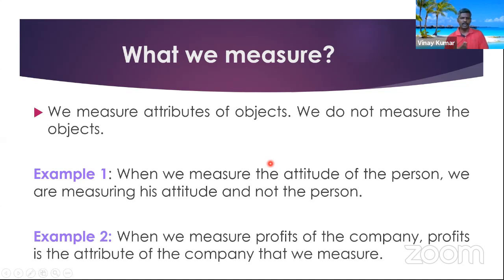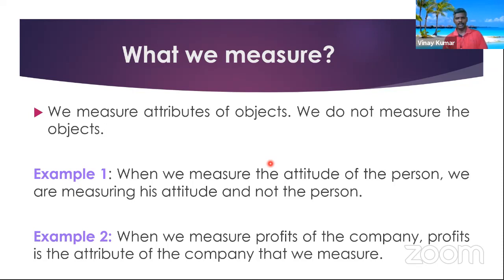Perhaps a researcher is doing research on the profits of companies, how the company is performing in different years. So he is trying to measure the profits of the company. Here we should understand that profit is the attribute of the company that the researcher is trying to measure. So he's trying to measure the profits of the company, not the company. So here, two aspects we can understand.